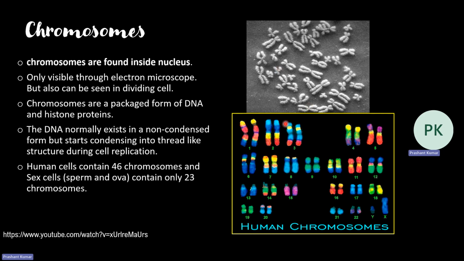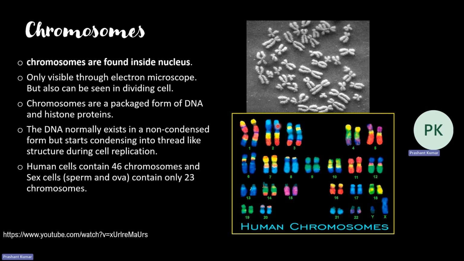This is called a karyotype. Karyotyping is a technique in which we present the chromosomes on the basis of their shape and size. In total, 23 pairs of chromosomes are present here in this colorful diagram.